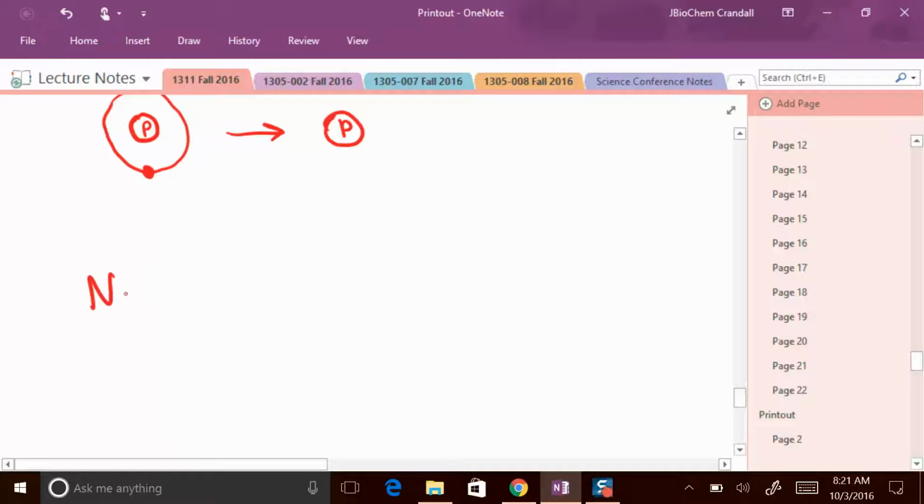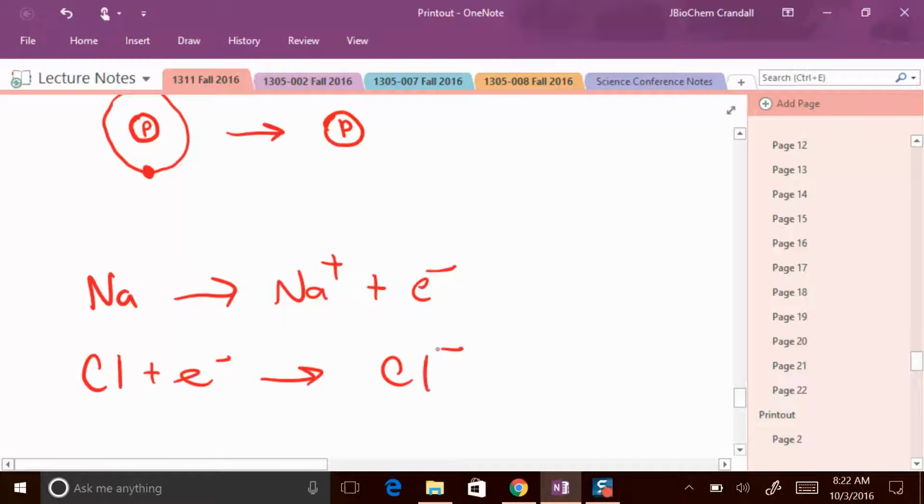So sodium is a metal, so it loses an electron to become Na+, whereas chlorine gains an electron to become Cl-. Where did this electron come from? Sodium gave it to him.